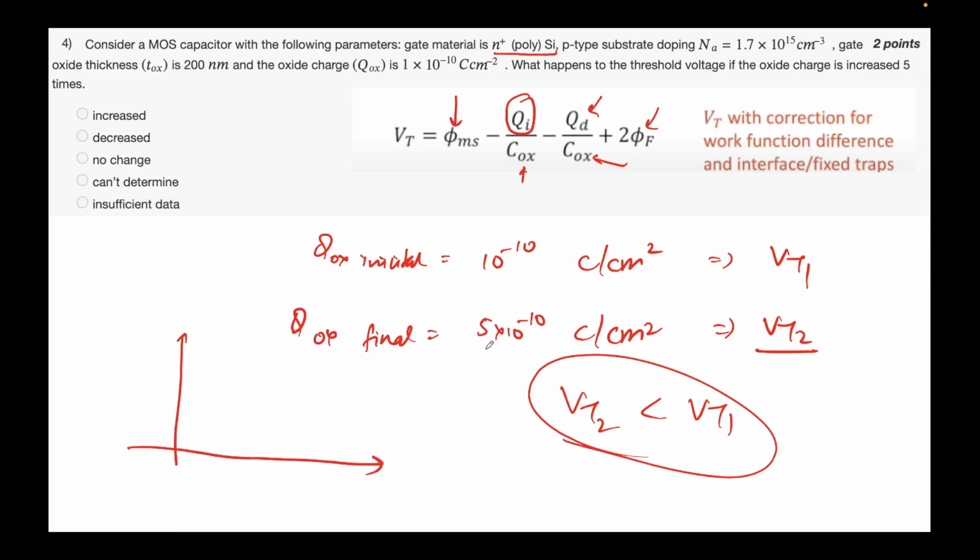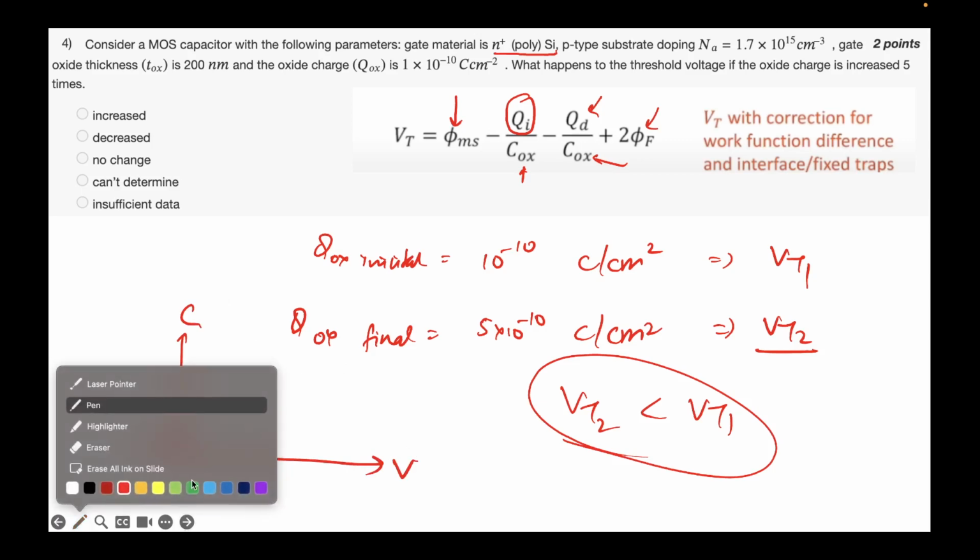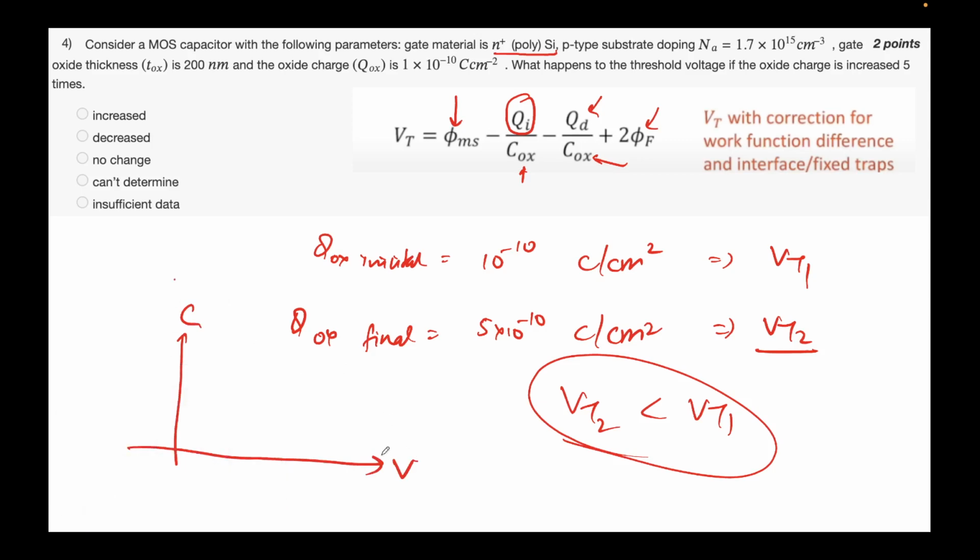We have talked a lot about CV diagrams. So you have C, you have V. Let's say I draw the original one with red. So let's say the original one comes out to be something like this. Okay, so this is case 1.